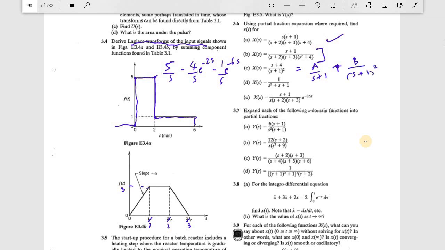So that is part C. Part D, we have 1 over s squared plus s plus 1, and the first thing I'm going to ask is, does it have a complex root or not? If it has a complex root, I need to reshape it as a complex root. If it doesn't have a complex root, that means I need to factorize it, and factorizing will then be straightforward.